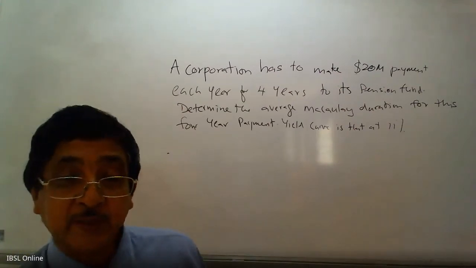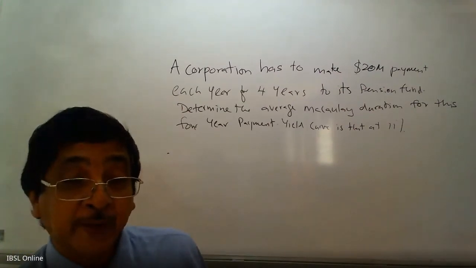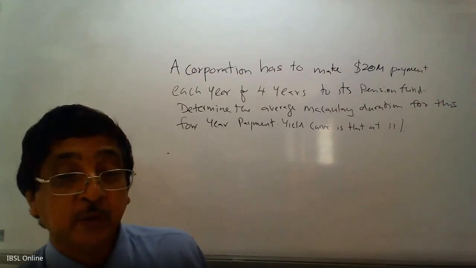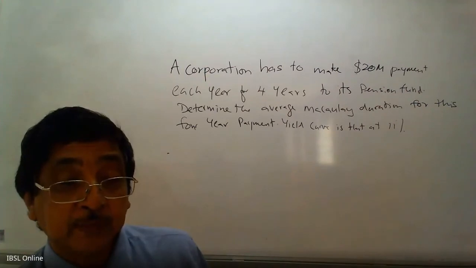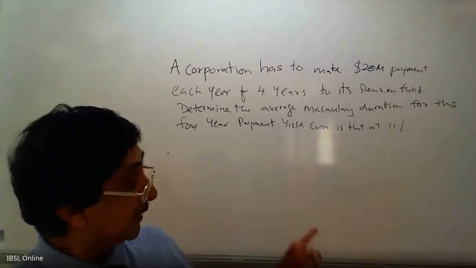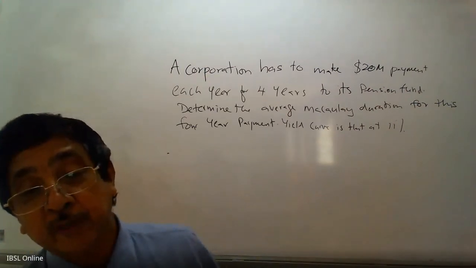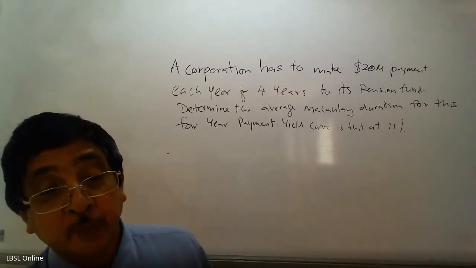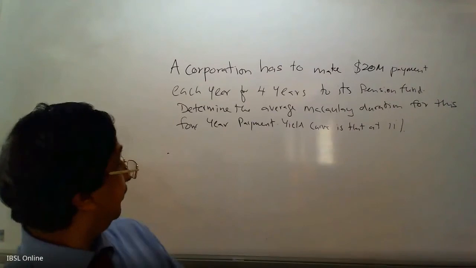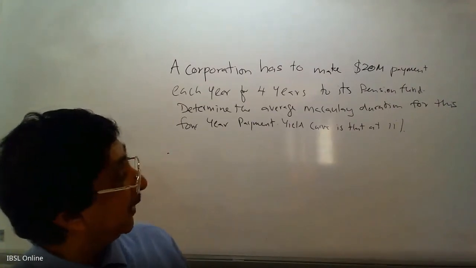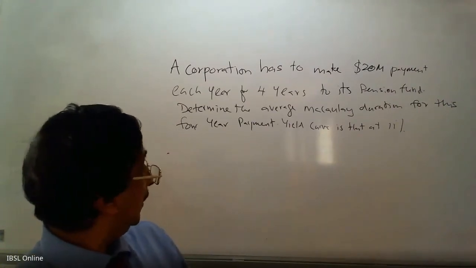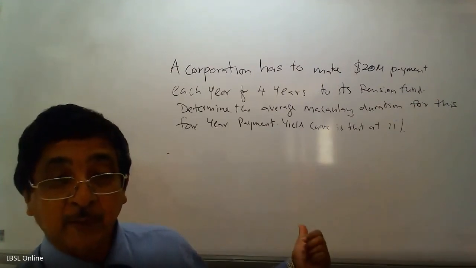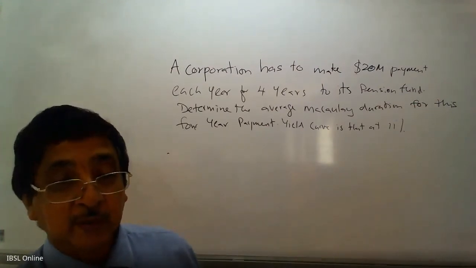Normally the company should fund its pension reserves. So this company is doing that, and every year they make a payment of 20 million to that pension fund. Determine the average maturity, the duration, for this 4-year payment. Now there's another thing given.